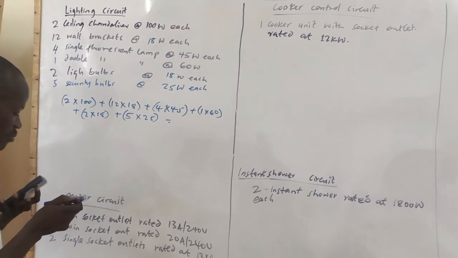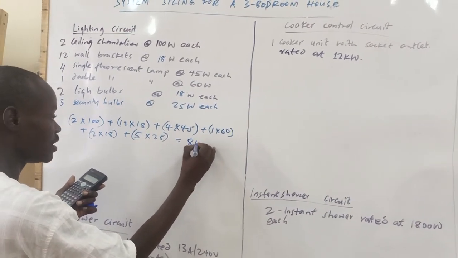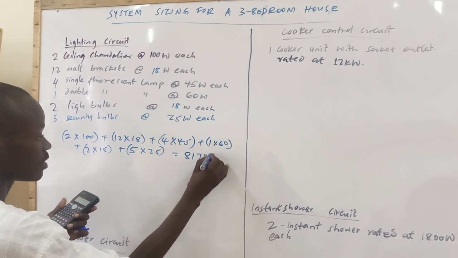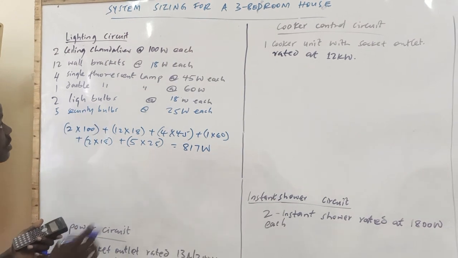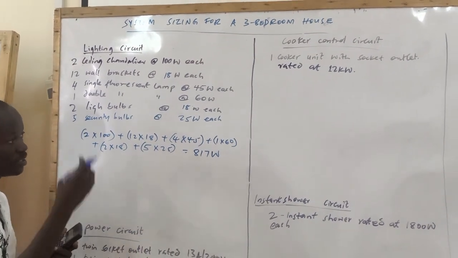So the total power load for the lights is 817 watts. So that's what the cable should be able to carry.